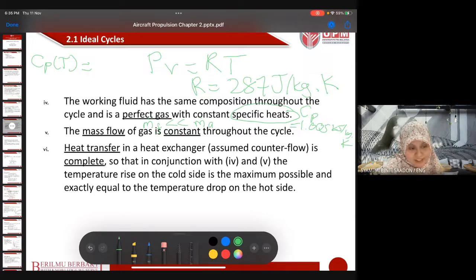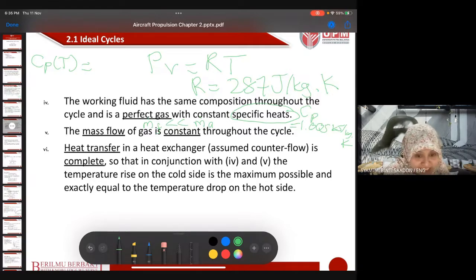So what he's saying in this assumption number 6 is that the whole of the heat from the hot fluid is transferred to the cold fluid, meaning that the heat transfer process is 100% efficient. That means the efficiency of the heat transfer is 100%.